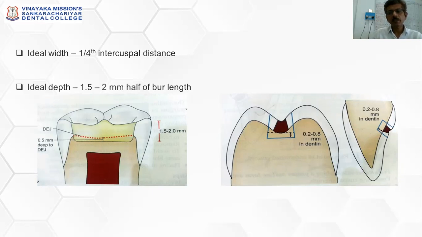Hence you place it into the dentin. Dentin, on the contrary, is very elastic. It is said to be resilient. Resiliency of a material means the springing nature of that material.